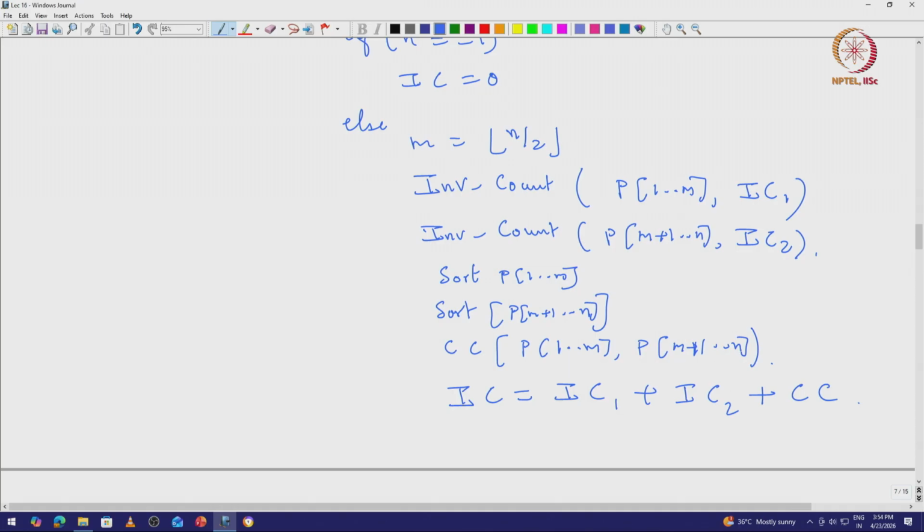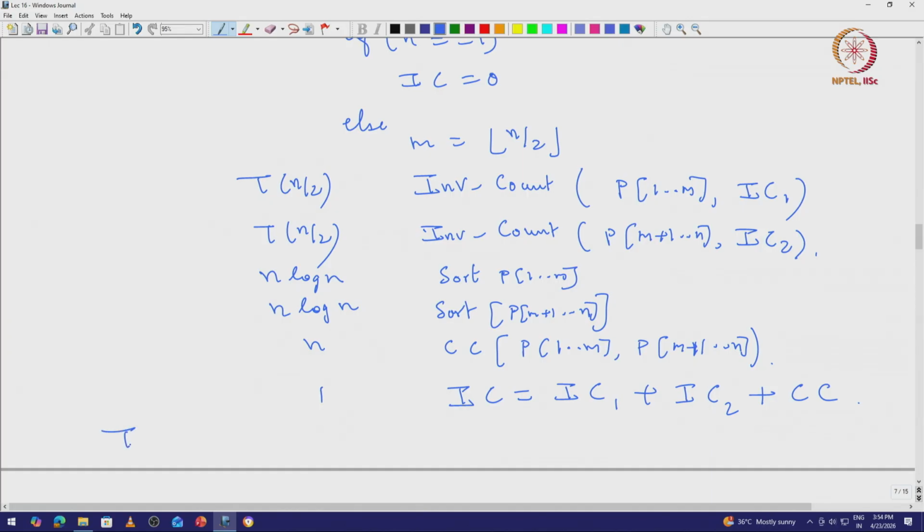Now, if you look at the complexity, this is T n by 2, this is T n by 2, this is n log n, this is n log n for n by 2 elements. And cross count is linear, it is like merging, so it is n, this is order 1.